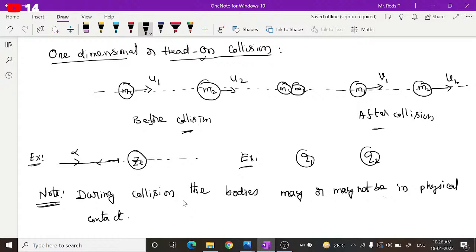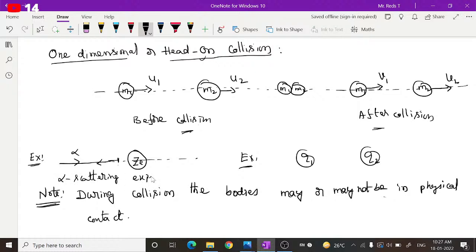If you take your hand and hit the wall, you can say it is a collision. There, the wall and your hand will be in physical contact. But for a collision to take place, two bodies need not always be in physical contact. An example is the alpha scattering experiment. You can write here, alpha scattering experiment.